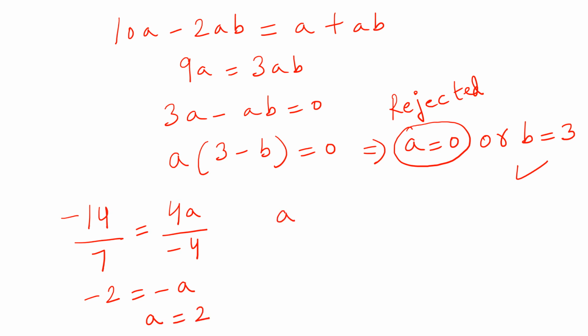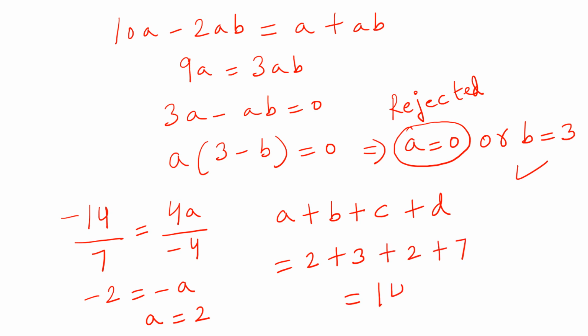Now students, we can easily find the value of a + b + c + d, and it is 2 + 3 + 2 + 7, which is equal to 14. Hence, option C is the correct one.